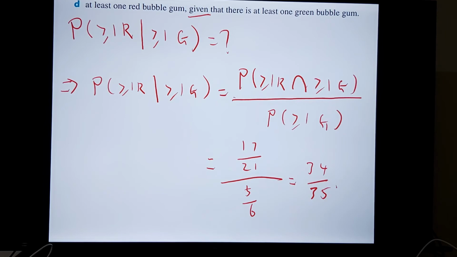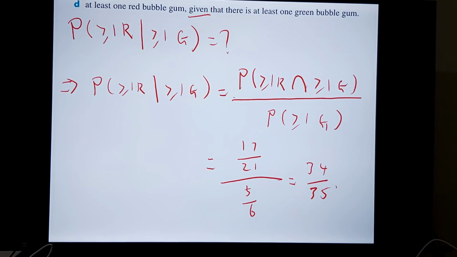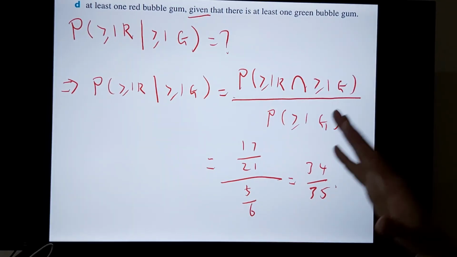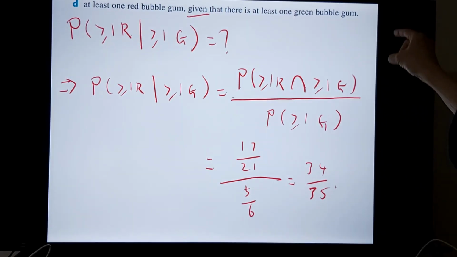Now the last one. The last one you have applied this formula, I hope you still remember. Conditional formula. It says the probability of at least 1 red given, provided that there is at least 1 green bubble gum.